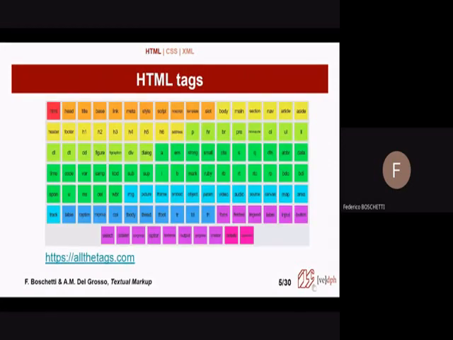The HTML tags are just a little more than 100 elements, and they are listed in this big table. And now we will see the most interesting categories of them.